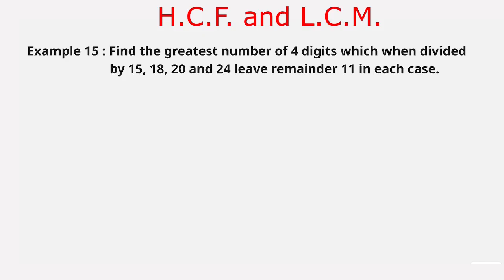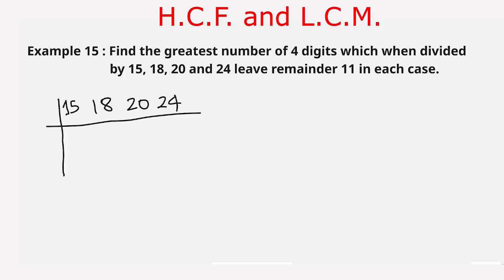So step 1 was to find the LCM of 15, 18, 20 and 24. Here 3 numbers are divisible by 2, so we divide it by 2. We carry 15 as it is, as it's not divisible by 2. 18 when divided by 2, we get 9. 20 when divided by 2, we get 10.